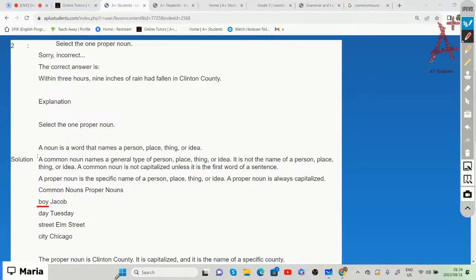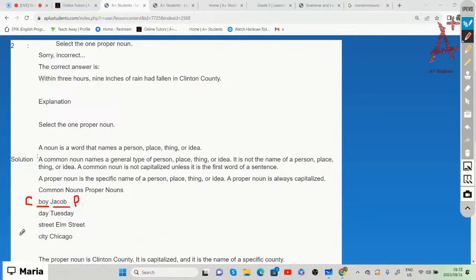However, if you say Jacob was talking, then I'll be able to identify Jacob out of the five boys standing in the line. So boy is a general common noun, whereas Jacob is a specific name of a person, and that is a proper noun, right?